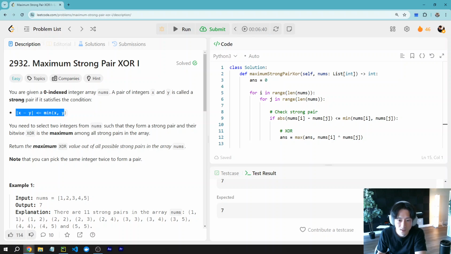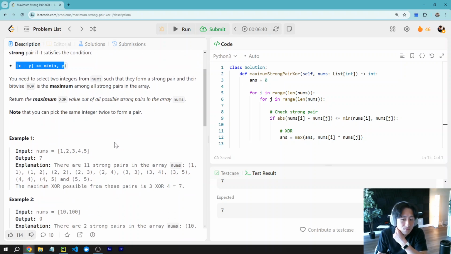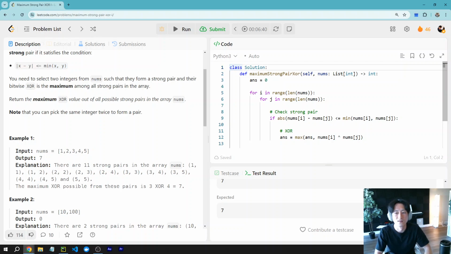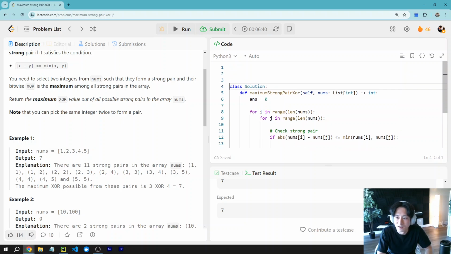And the second location is the XOR computation. Can I skip computing all the pairs of XOR with some kind of information? I want to get the maximum. How can I get the maximum? I don't think I can think of it. I'm not smart enough to think about an approach.